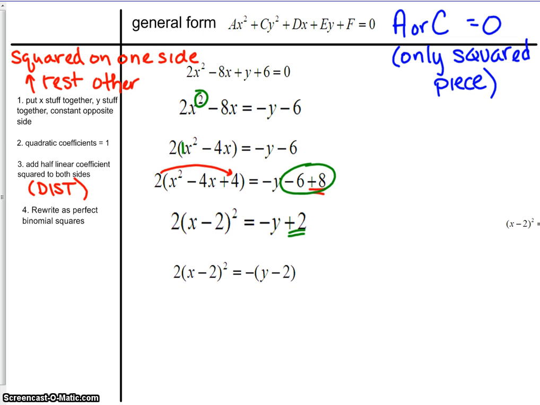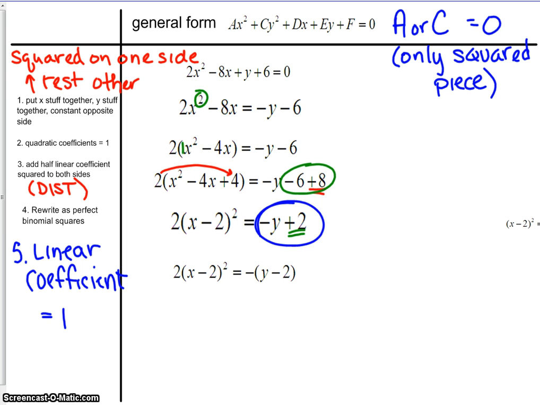Now, what I'm also going to do in my next step is make my linear coefficient equal to 1. When we talk about linear, we're talking about the non-squared side. So I don't want -1 there, I have to factor out that -1, and again, be careful because I have to take it out of the +2 as well.